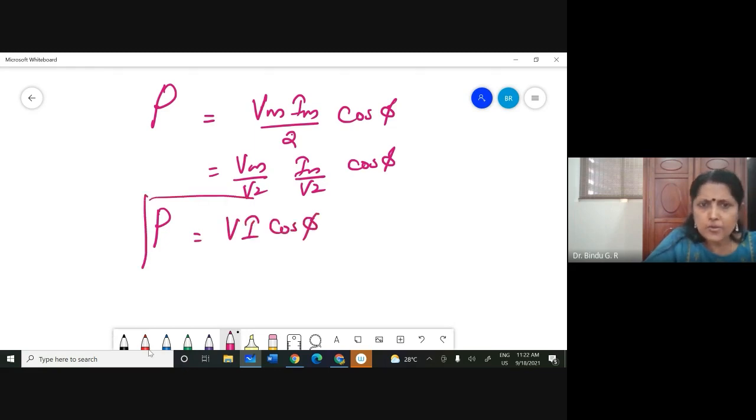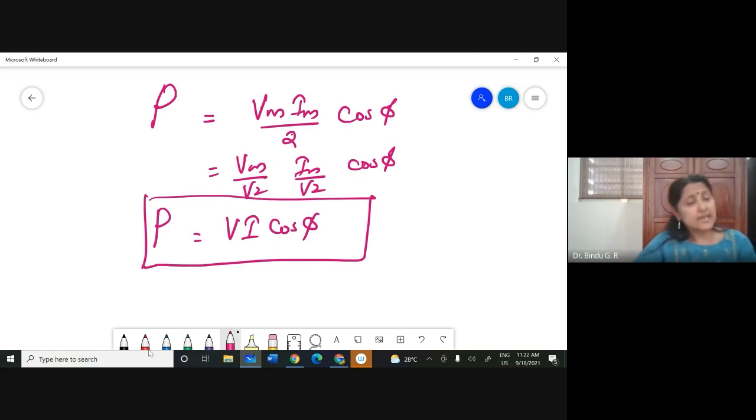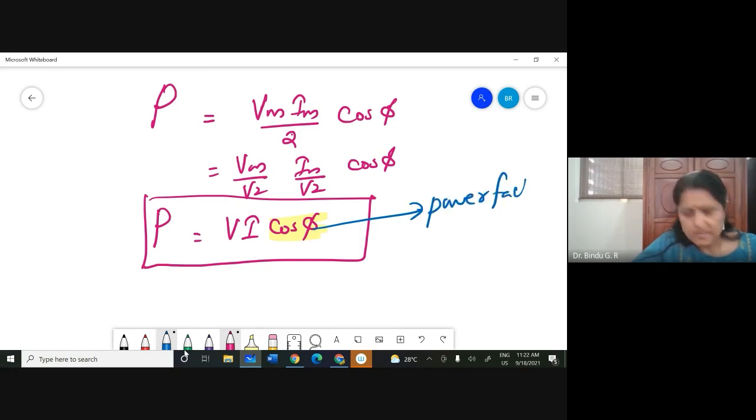This is the equation for power consumed in an RL series circuit. And this particular term cos phi is called the power factor of the circuit.